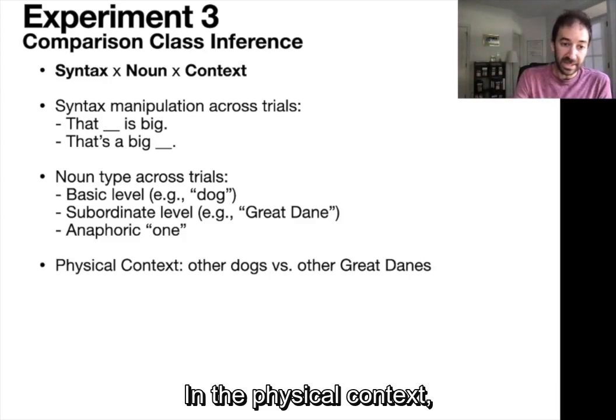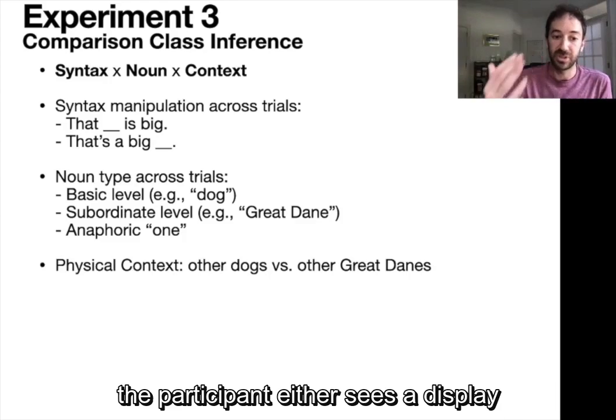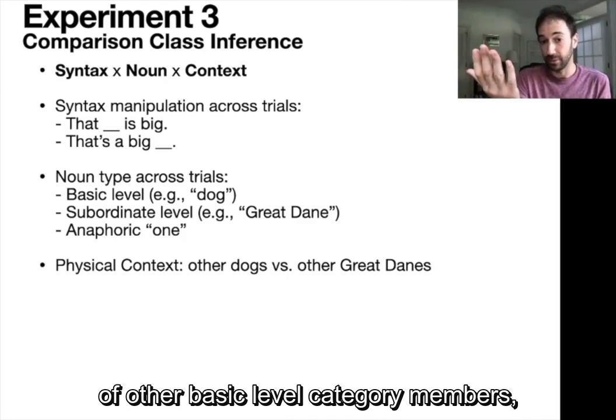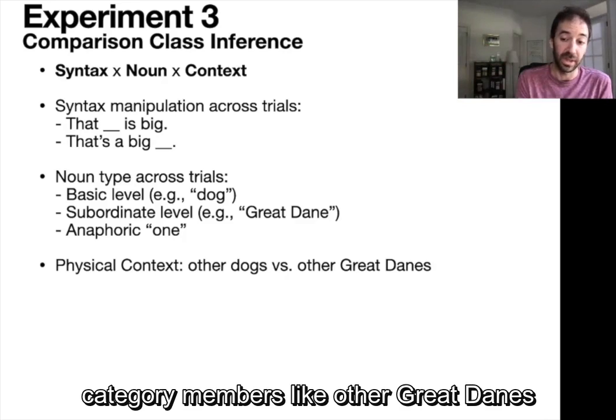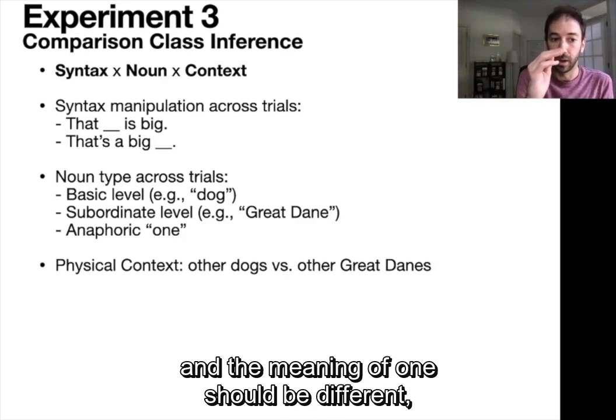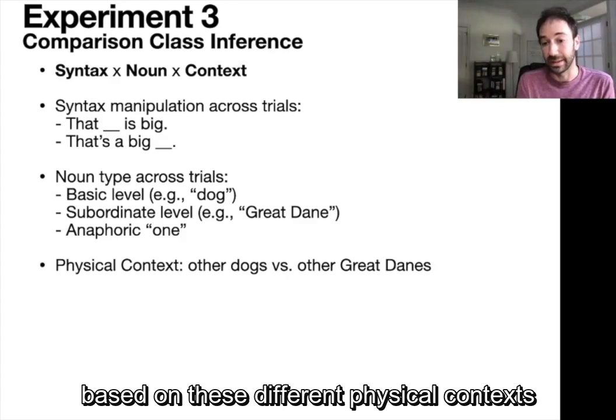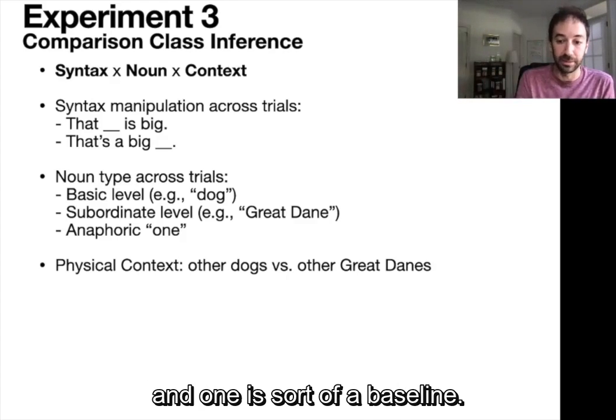In the physical context, the participant either sees a display of other basic level category members, like other dogs, or subordinate level category members, like other Great Danes. And the meaning of one should be different based on these different physical contexts, and one is sort of a baseline.